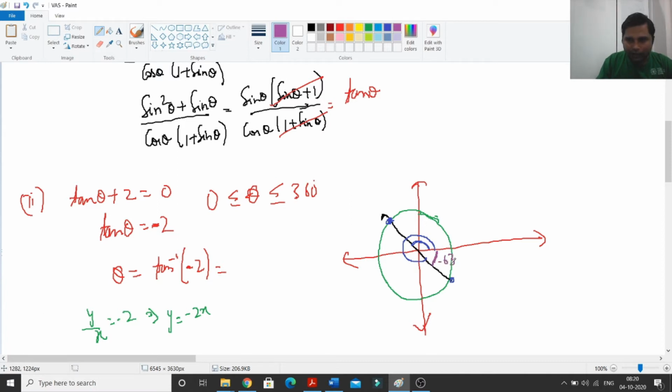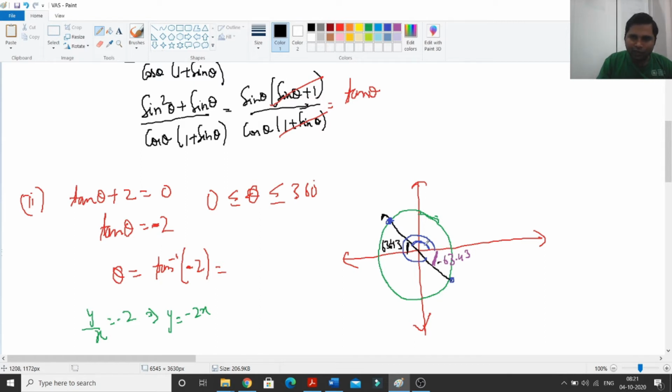This is minus 63.43. Okay, so if this is 63.43, can we say this is also 63.43? I'll take the black color, this one, because it is a vertically opposite angle, so it becomes 63.43, right? Magnitude wise, here the negative sign represents a clockwise angle, otherwise the magnitude is 63.43, so this value will also be 63.43.